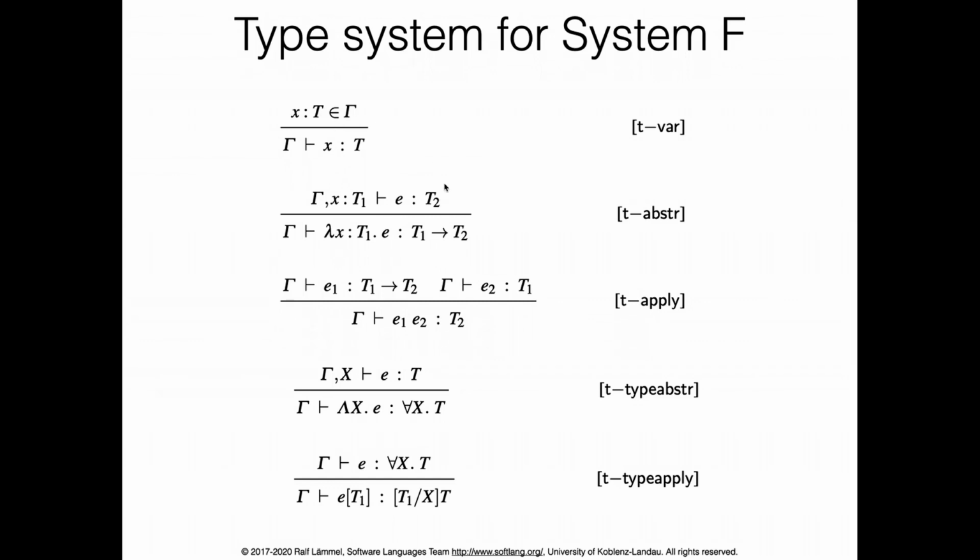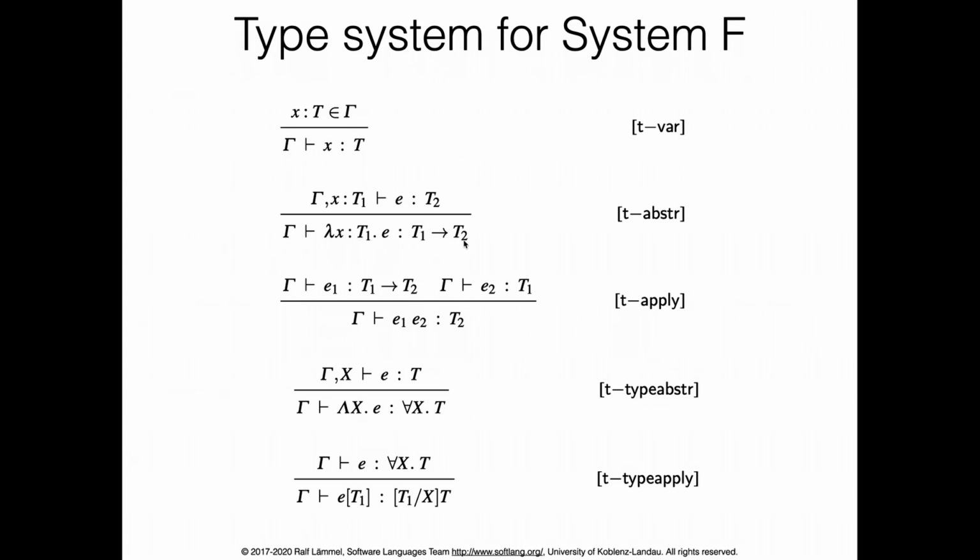Okay. When we look at the type of a lambda abstraction, it's obviously of a function type, and the argument type should be the same type as we declare for the lambda variable x here.